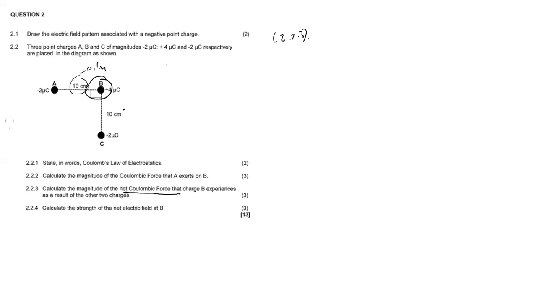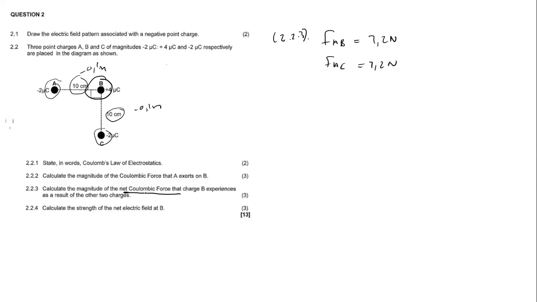From B to C, we have the very same distance, which is 0.1 meters. And then this charge is the same as this charge. So this force and this force, they are going to be the same, okay? We literally said force A on B was 7.2 newtons. That means force A on C will also be 7.2 newtons, okay?